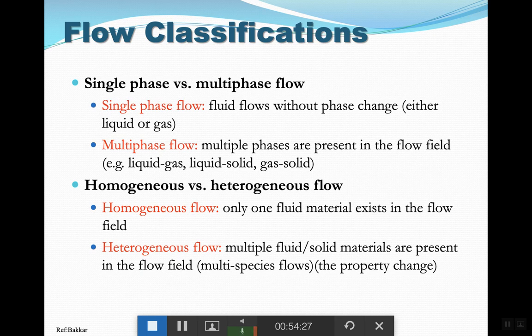You also have to determine whether you are dealing with single phase flow or multi-phase flow. This is very important. We do not cover multi-phase flow in this class, which is covered in our more advanced course, MI 1214, which is a graduate level course.